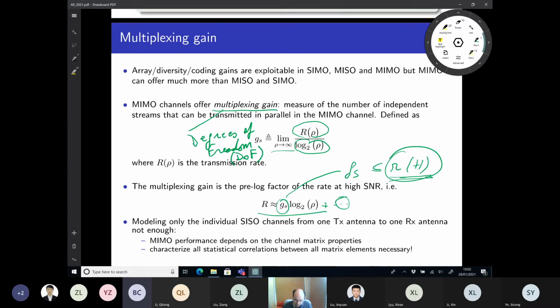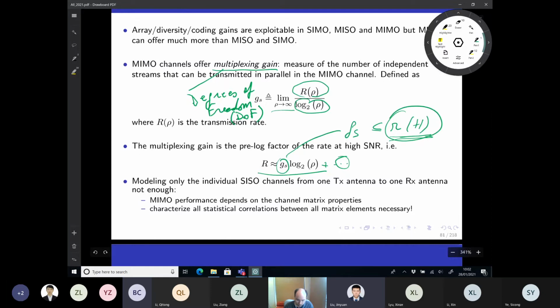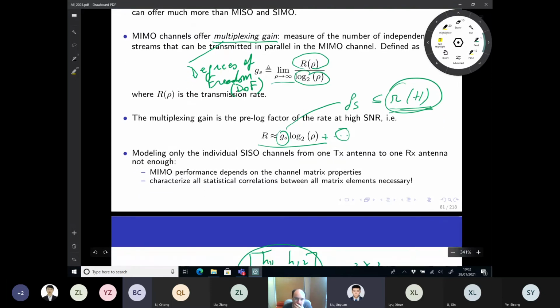Right. Okay. So Professor, if we don't have perfect knowledge about the channel, which means we cannot do interference-free transmission, what happens? Well, yes, it's a good point. It depends how you do the processing.